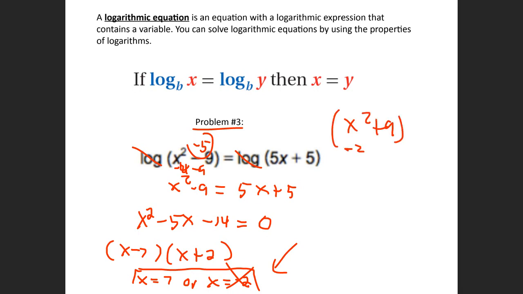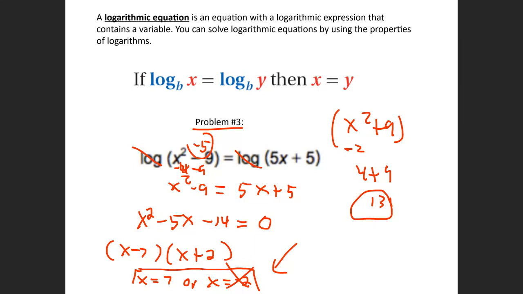And if you put negative 2 in here, well, negative 2 squared is 4. 4 plus 9 is 13. That's positive. So it's when you put it back in, if it's negative, then there is no solution. But if you plugged it back in and you ended up with a positive number in here for the log to take, that's fine. But usually when you get a negative answer, it usually doesn't work.